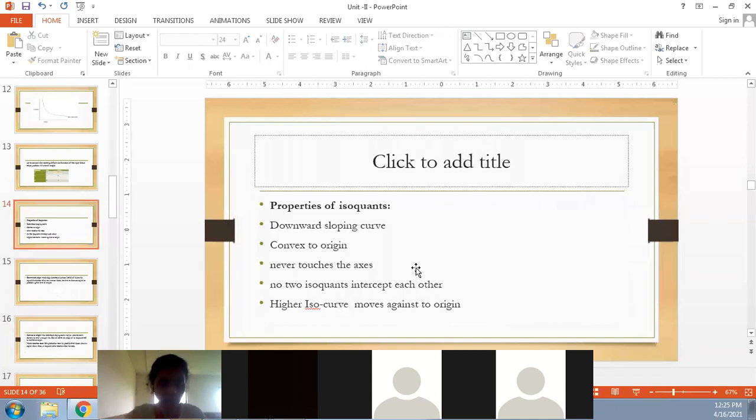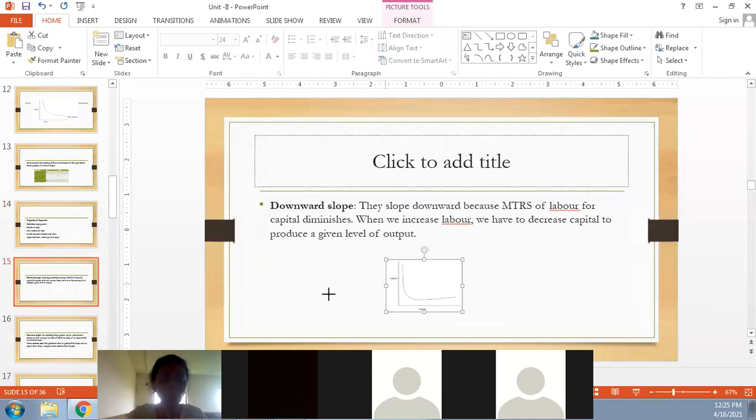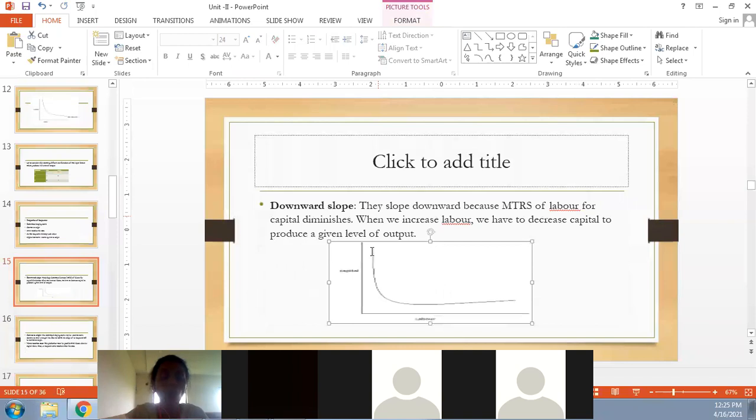See guys, the shape of an isoquant. What is the property of this downward sloping curve? It means that when we represent two input factors on a diagram, it will be in the shape of a downward sloping curve, whose slope is always negative.